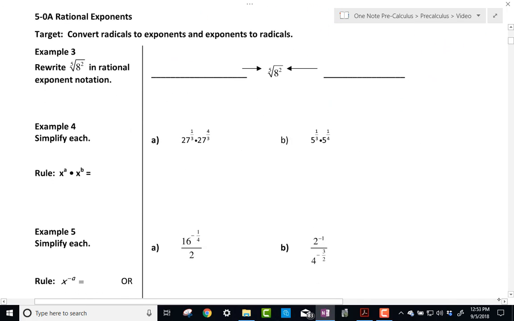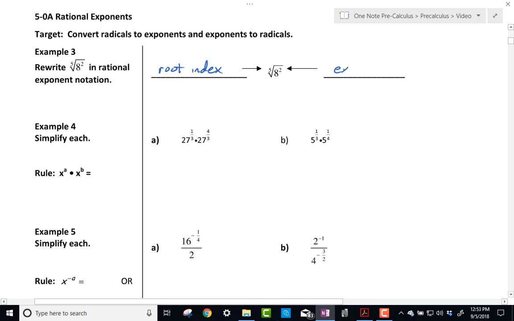All right. So now we want to be able to go backwards. We want to be able to look at a root notation and change it back to an exponential notation, because when I look at this guy right here, this is the 5th root of 8 squared. Well, I know I can't take the 5th root of 8, so trying to do the root first isn't going to work out too well. My root index is the 5 on the outside.